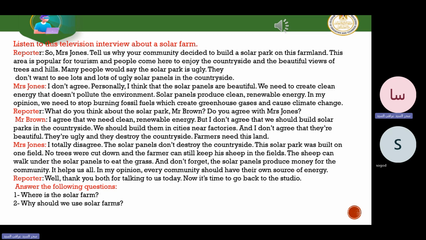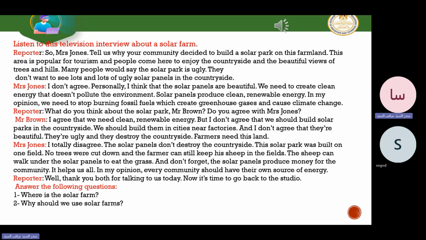No trees were cut down, and the farmer can still keep his sheep in the fields. The sheep can walk under the solar panels to eat the grass. And don't forget, the solar panels produce money for the community. It helps us all. In my opinion, every community should have their own source of energy. Well, thank you both for talking to us today. Now it's time to go back to the studio.